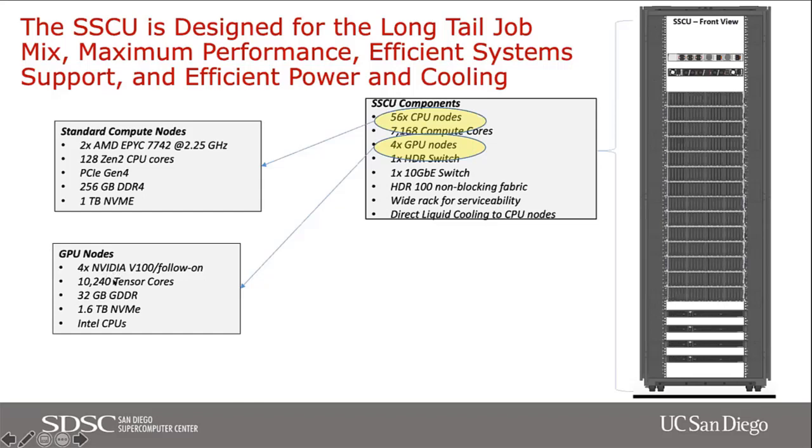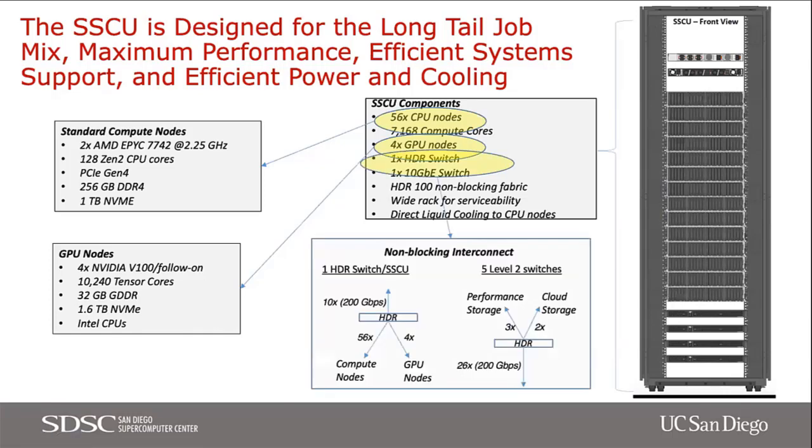On the GPU nodes, we have 4 NVIDIA V100s. It's 32 gig GDDR on each V100 GPU, 1.6 terabytes of NVMe. As I mentioned, there are Intel CPUs on the GPU node. And then going out to the network diagram, you can see basically you have 56 compute nodes, four GPU nodes, and then the uplink of 10x 200 gigs.